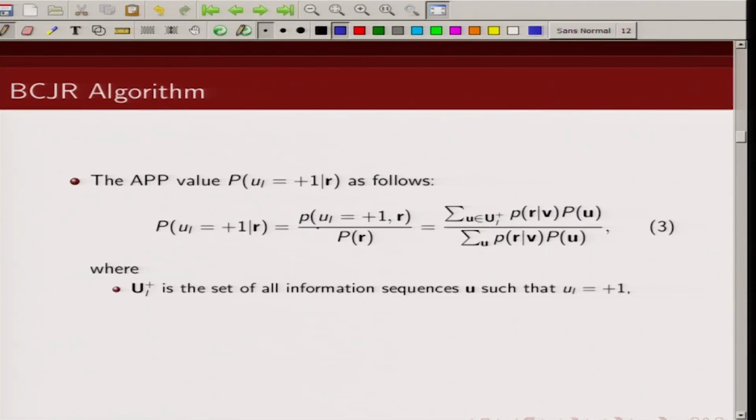As I said, since we are interested in the joint probability of U_L being plus 1 and R, we sum this probability over all those information sequences where the corresponding bit is plus 1.